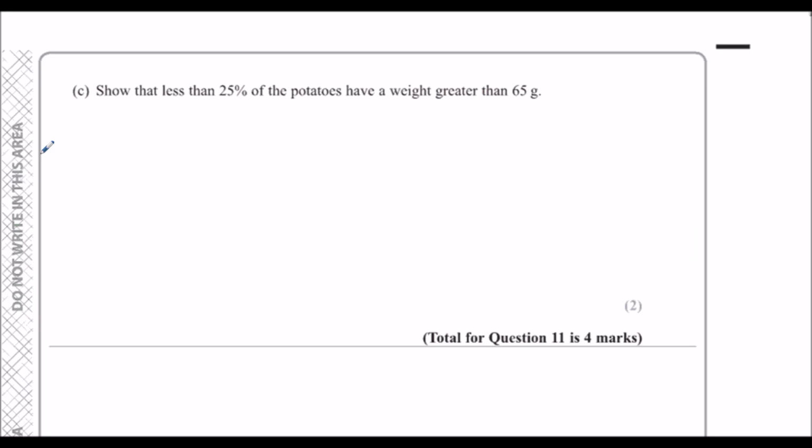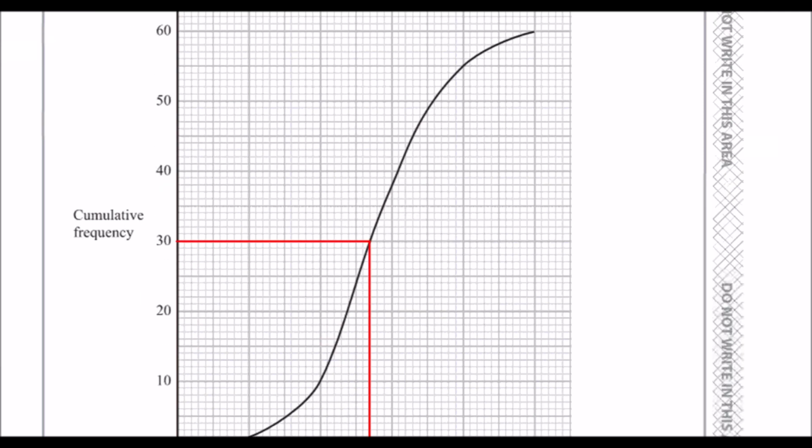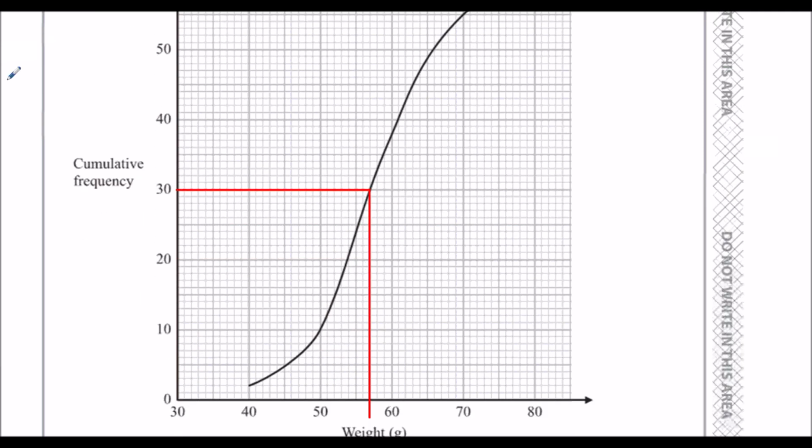Part C, show that less than 25% of the potatoes have a weight greater than 65. So if we go to a weight of 65, go up to the line, then along, that comes out as 49.